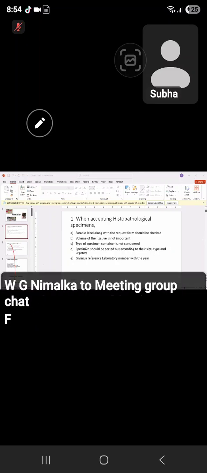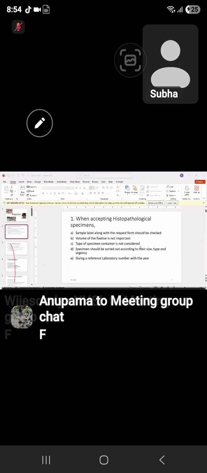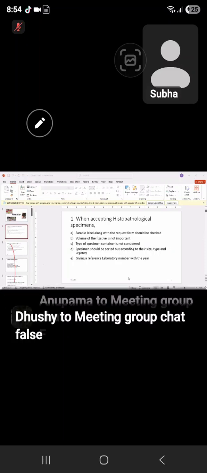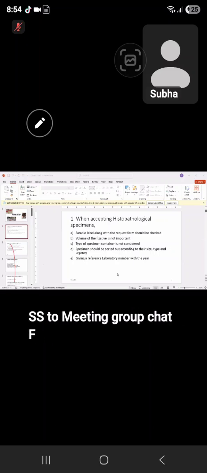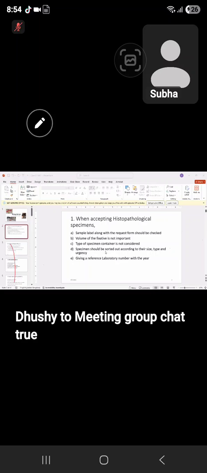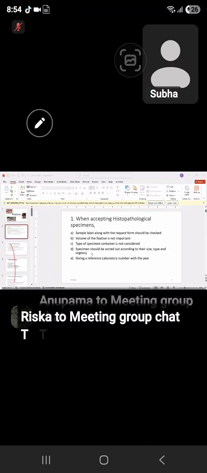Type of specimen container is not considered. True or false? False. D: specimens should be sorted out according to their size, type, and urgency.